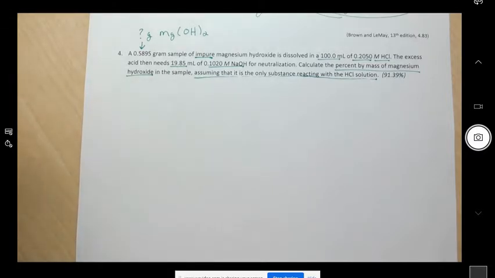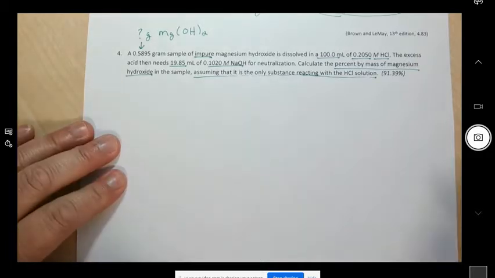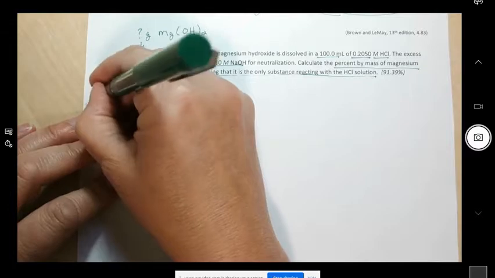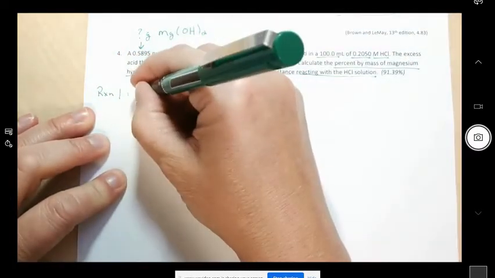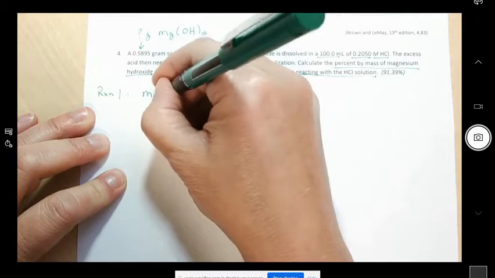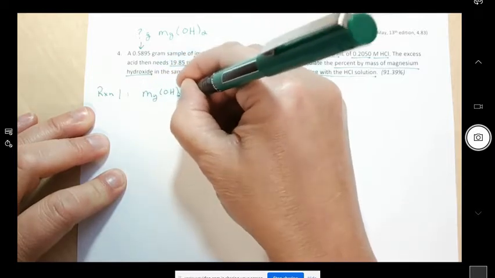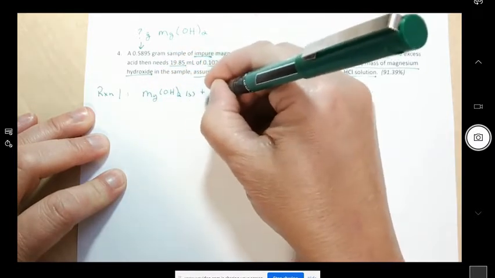So the first thing we need to do is figure out how many moles reacted of the magnesium. So here's what we're going to do. I'm going to look at reaction 1 first. And reaction 1, that's the reaction between the magnesium hydroxide and the HCl.